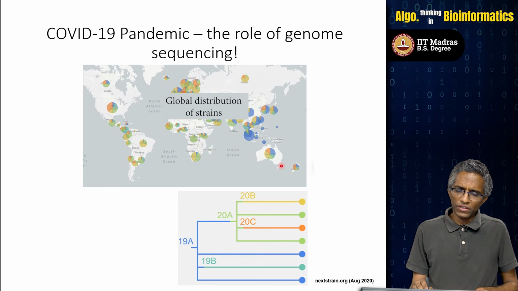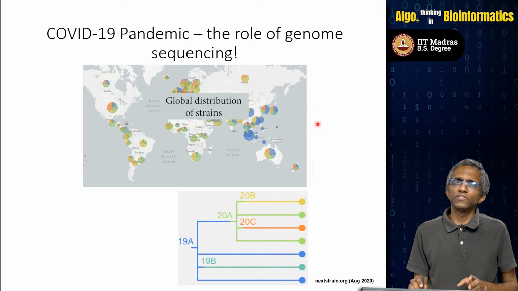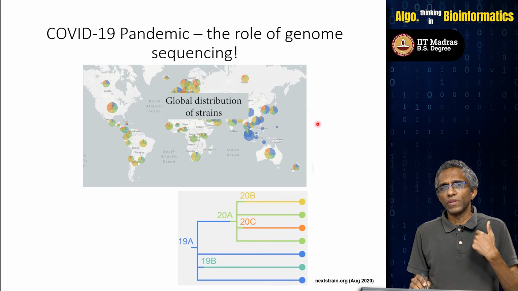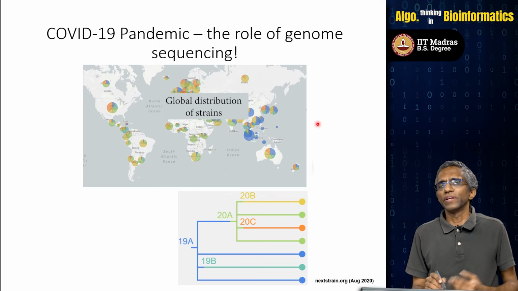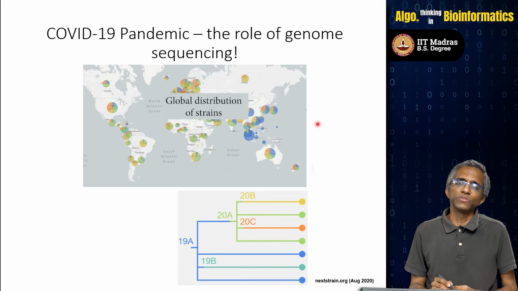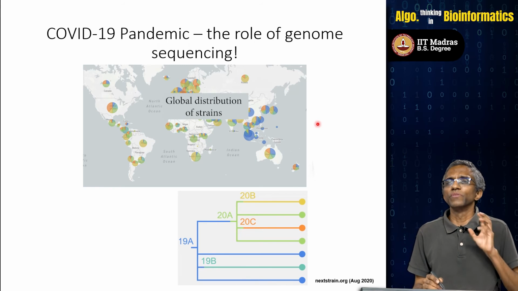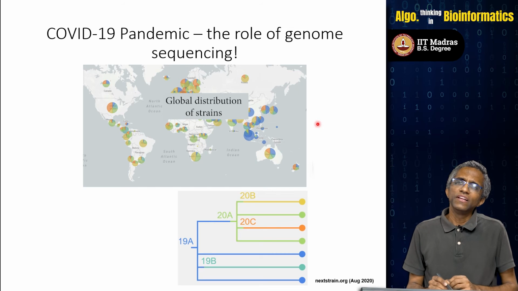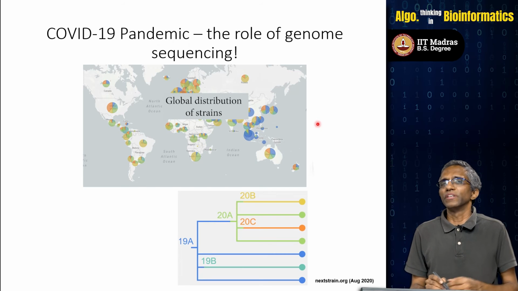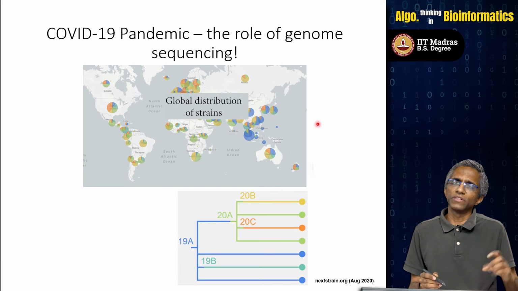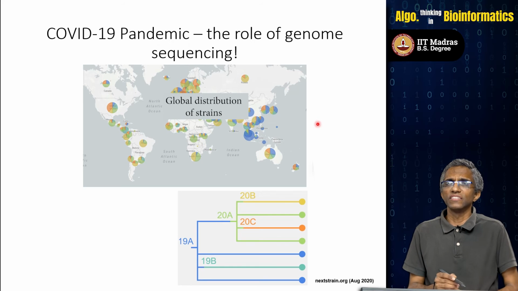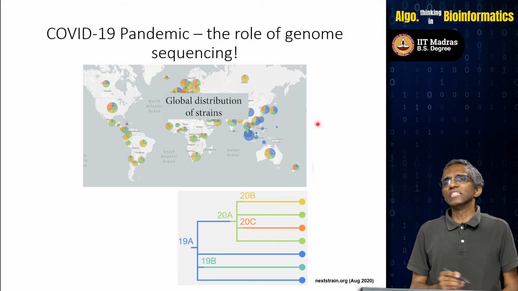And it is not just finding the origins or the causative agent of the disease, but also finding how fast the disease is spreading and what strains are emerging along the way. So what are the mutations in the genome of this virus, what are the mutations happening in the spike protein, which is one of the proteins initially involved in the virus entering the host cells, and how does it affect the transmissivity, the transmission rate of the virus, and the virulence, how fatal the virus is, how severe your disease symptoms are.